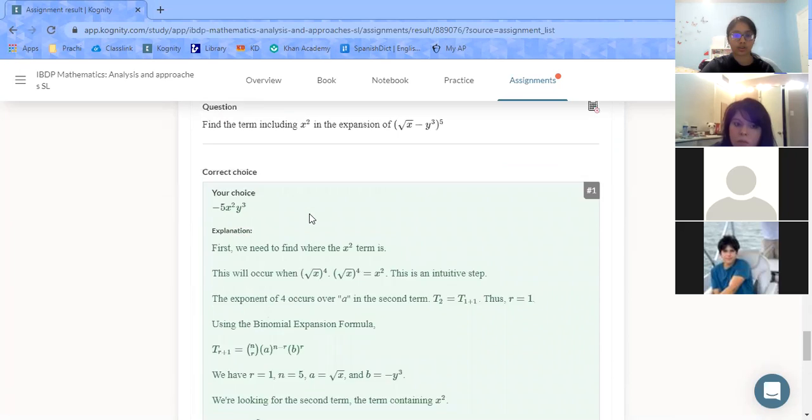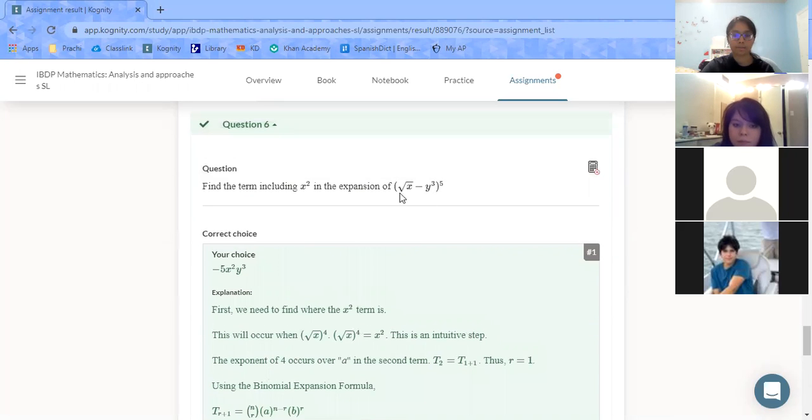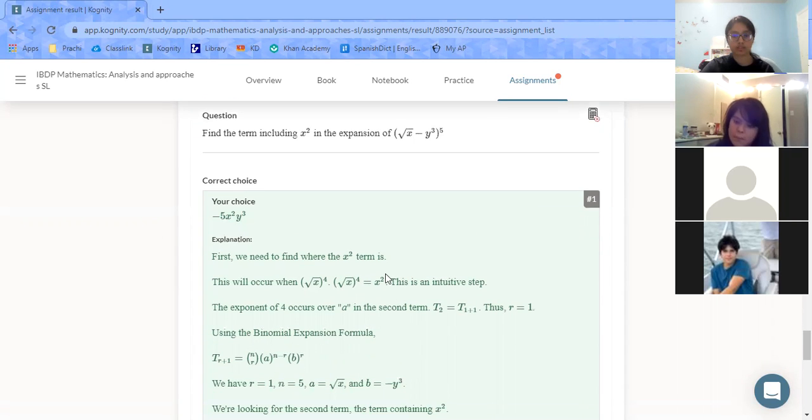So the first thing you do is you find how to get square root of x to x squared, and so that's going to be square root of x to the power of 4, which means it would be the second term, right? Because the first term would be square root of x to the power of 5, and the second term is square root of x to the power of 4.